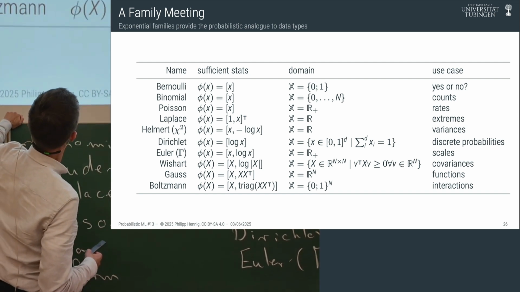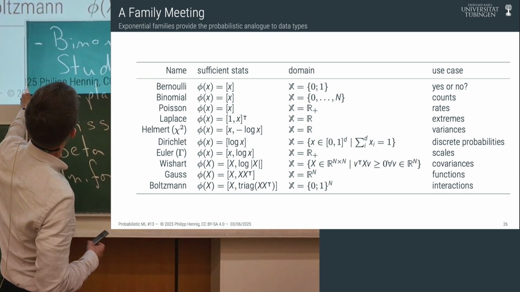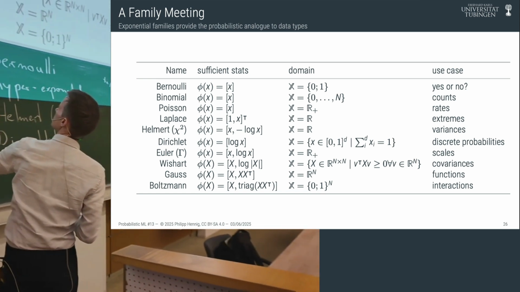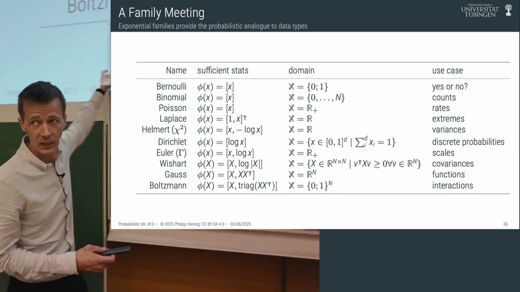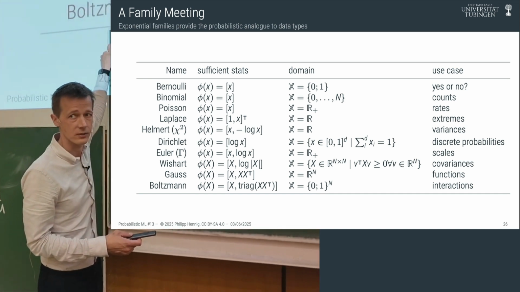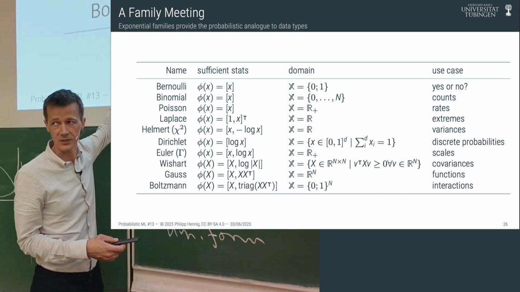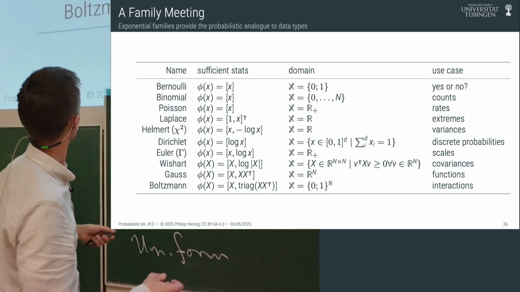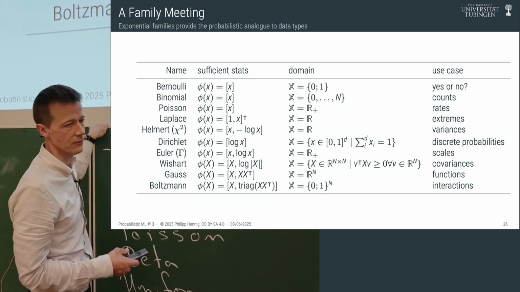There's the Bernoulli distribution, the binomial distribution, the Poisson distribution, the Laplace distribution, the chi-square distribution, the Dirichlet distribution, the gamma distribution. There's one that you didn't call out, the Wishart distribution, which is a generalization of the gamma to multivariate, so to covariance matrices, to positive definite matrices. The Gaussian distribution, of course, and the Boltzmann distribution, which is quite important for physics, for thermodynamics.